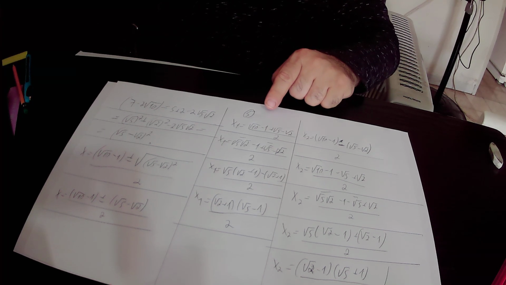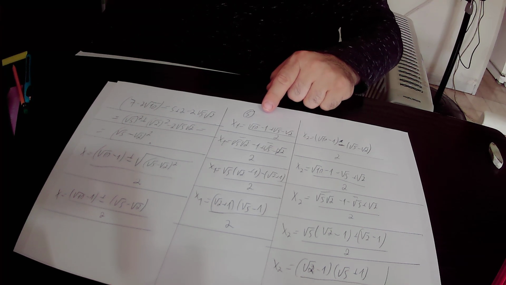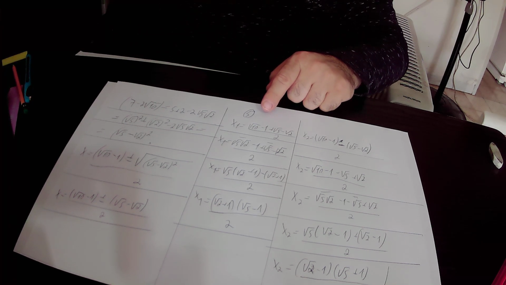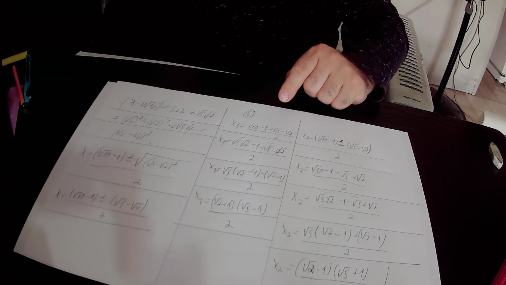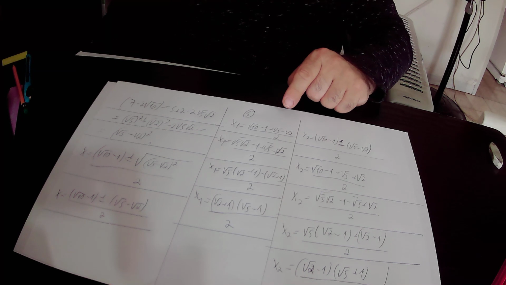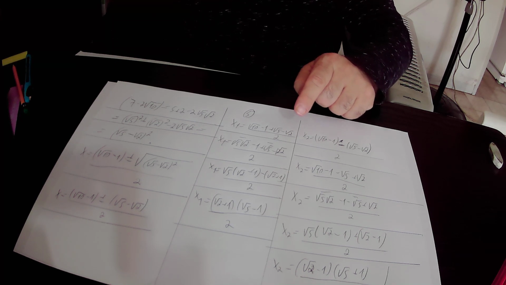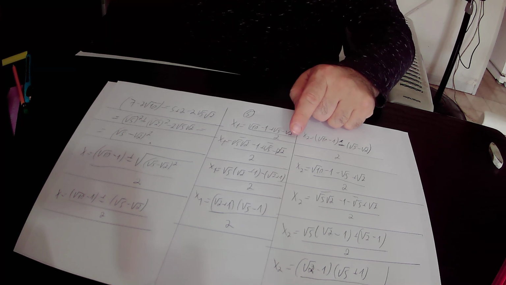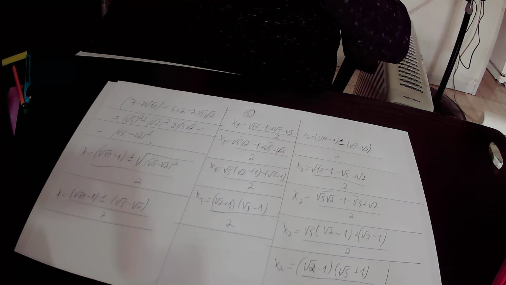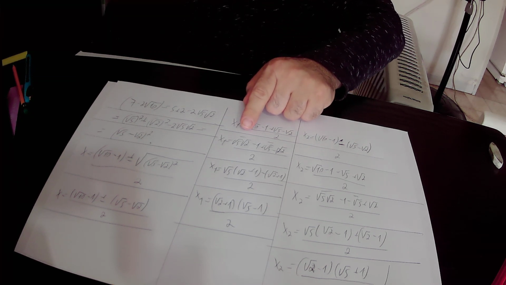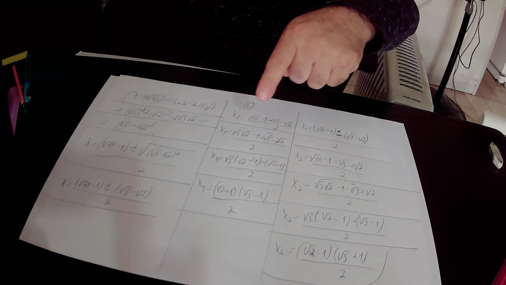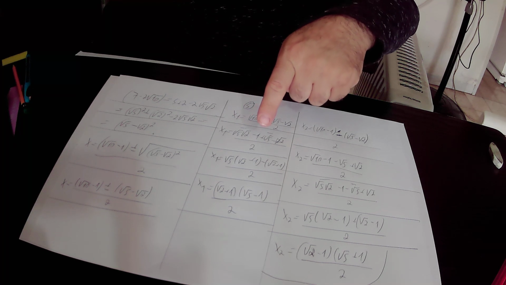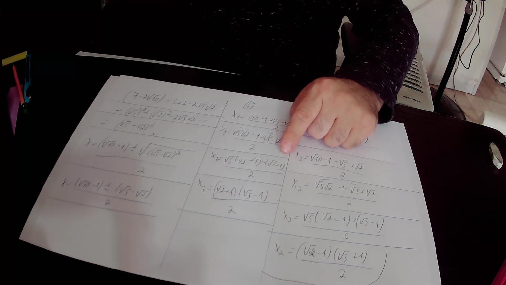So for the first solution, x1, we substituted square root of 10 by square root of 5 times square root of 2, and then we got that x1 equals square root of 5 times square root of 2 minus 1, plus square root of 5 minus square root of 2, over 2. Then we took square root of 5 as a common factor of this expression, and we got that x1 equals square root of 5, and inside the brackets we have square root of 2 plus 1 minus square root of 2 plus 1.